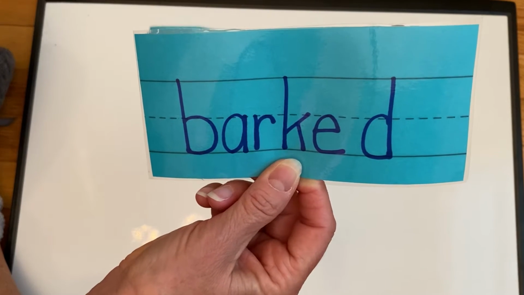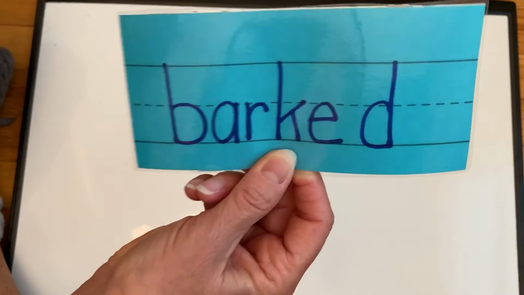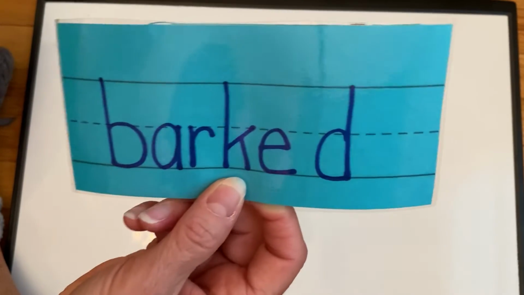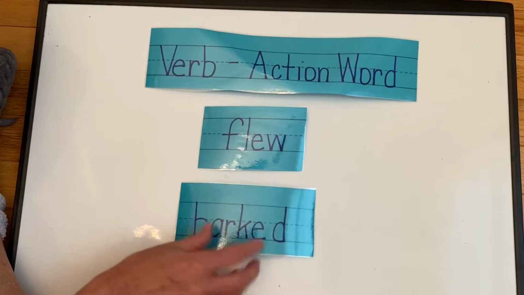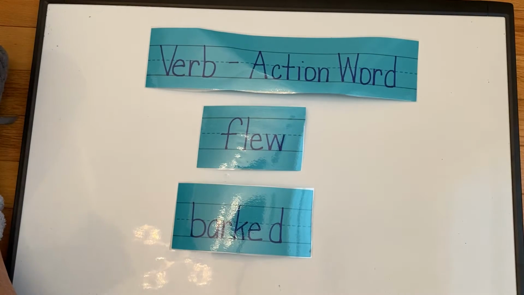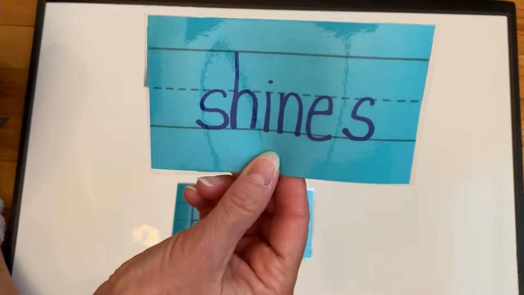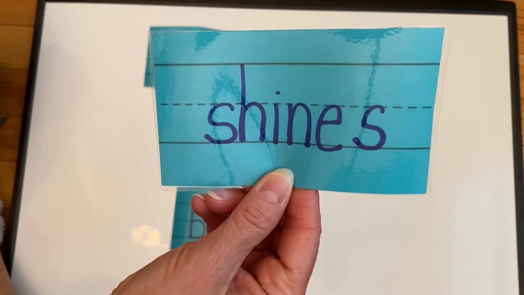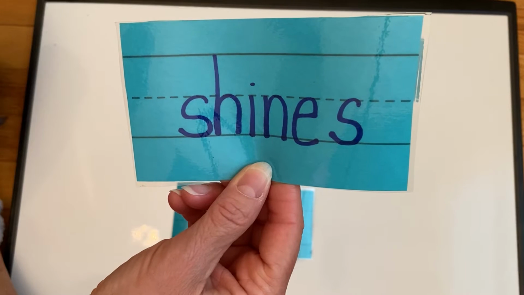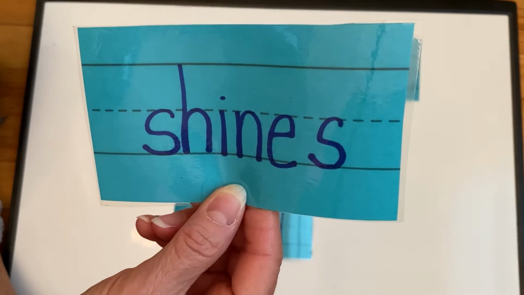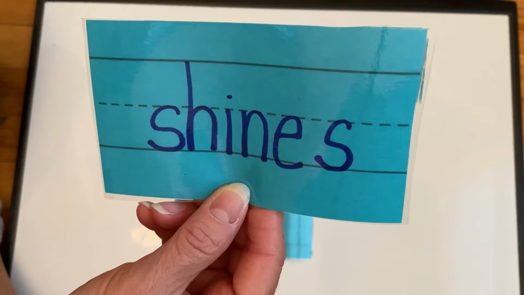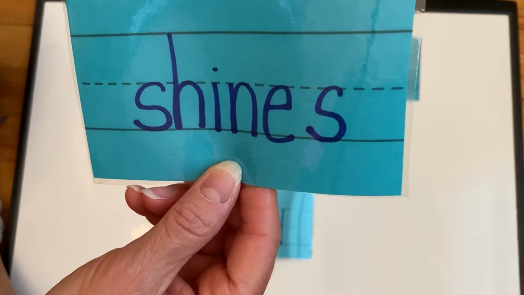What did the dog do? It barked. That's right. So your action word would be barked. Shines. That can also be an action word. The sun shines brightly.